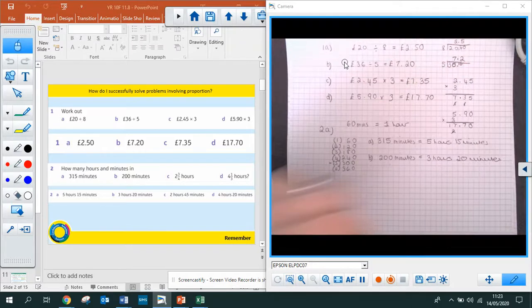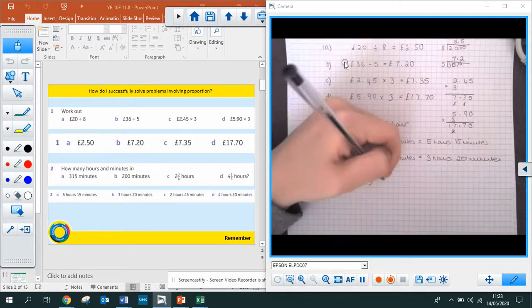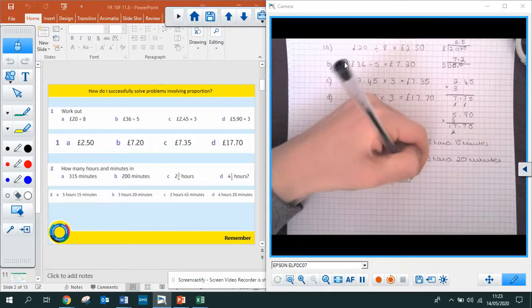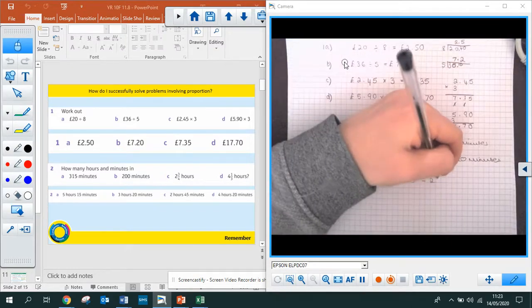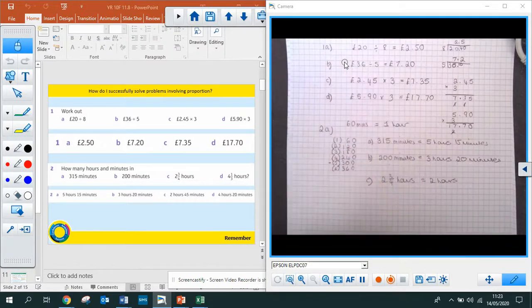Okay. The next one's a little bit different. So you see, we've got 2 3/4 hours, and we need to write that as hours and minutes. Well, we know that it's 2 hours already, so that won't change. It's 2 hours. Then we have to say, well, what is 3/4 of an hour in minutes? Hopefully you know that that's 45 minutes.